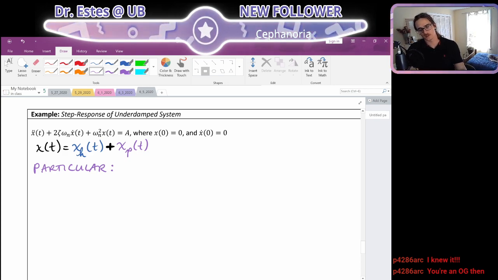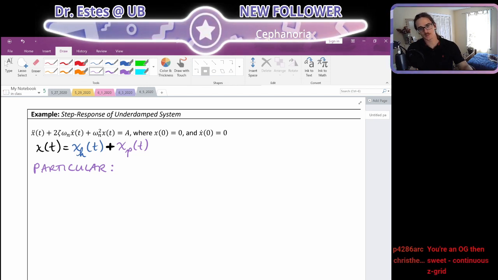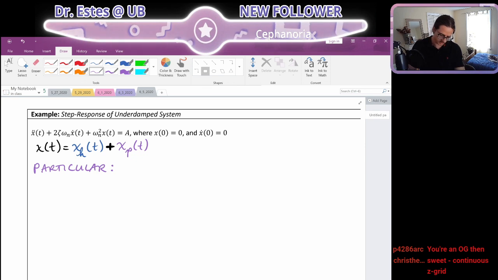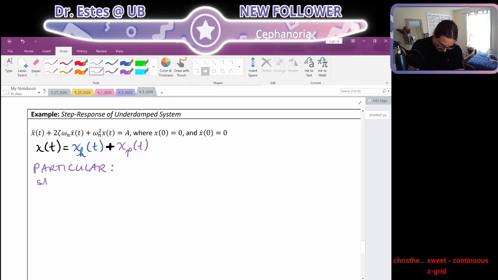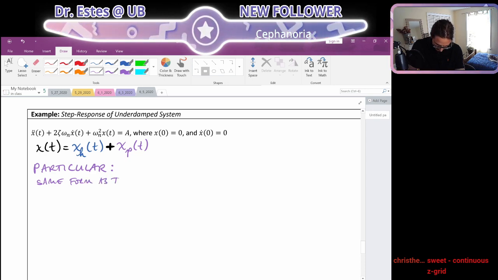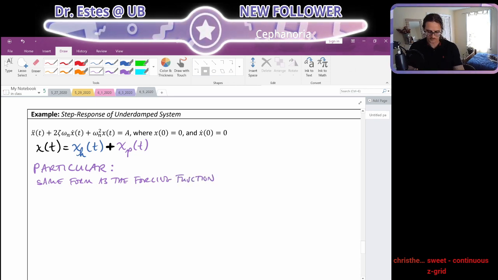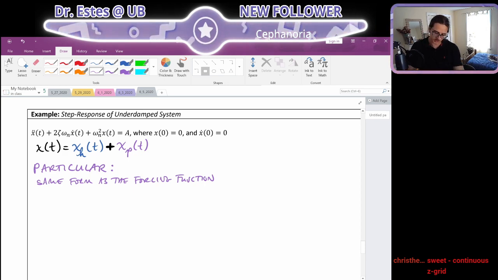Now, the rule of thumb with particular solutions is that their form is equal to the same form as the forcing function. So I'll just write that. Our forcing function is this.